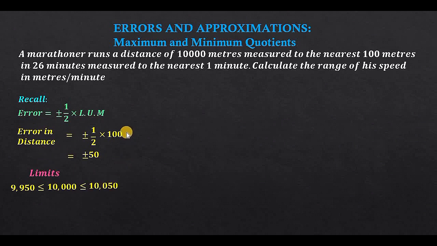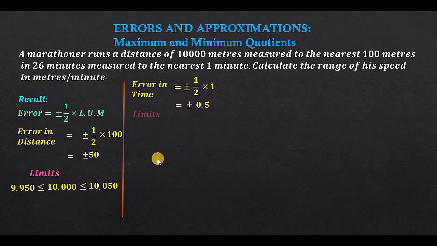We can also do the same for time. Error in time is plus or minus a half the least unit of measurement, which we had seen here is 1 minute. So we multiply by 1, and that gives us plus or minus 0.5. Now, once again, we can use this to determine the limits in time.